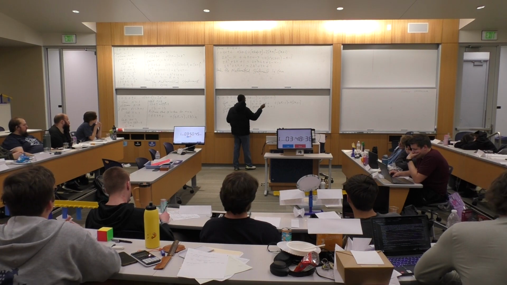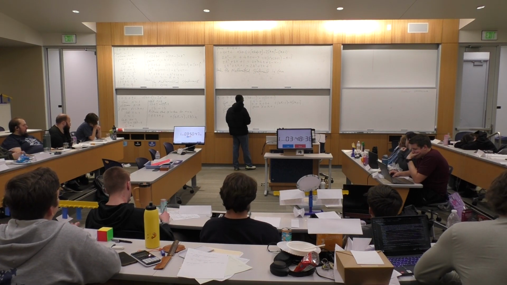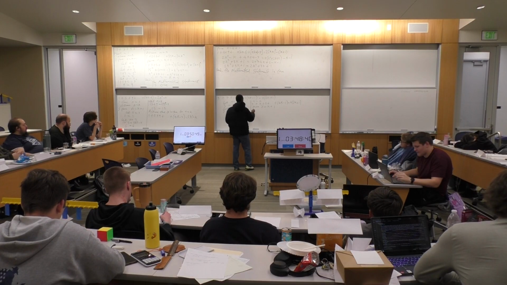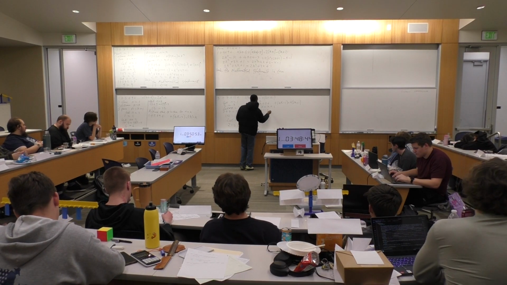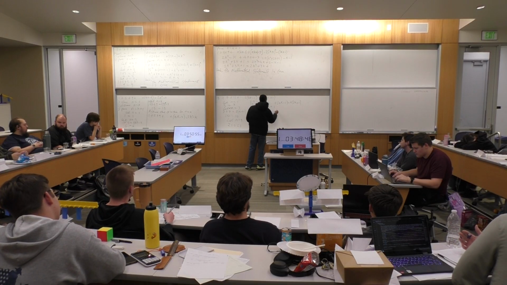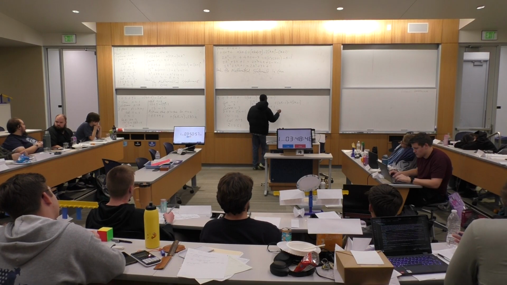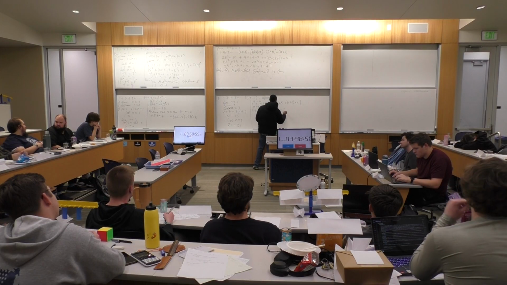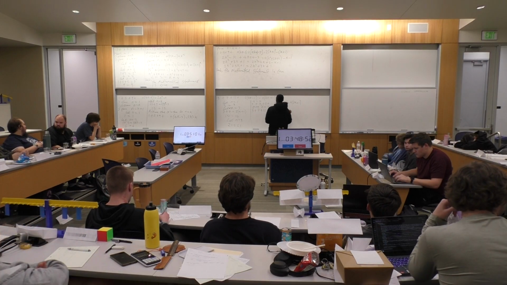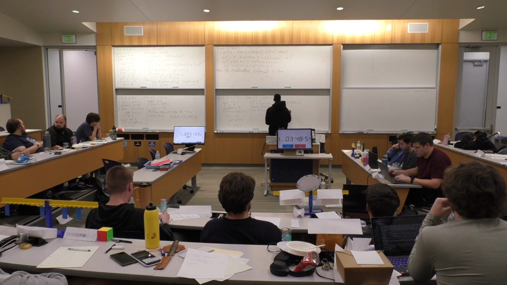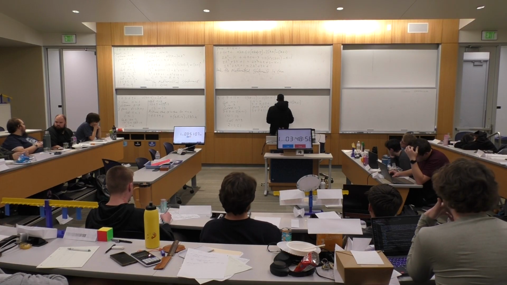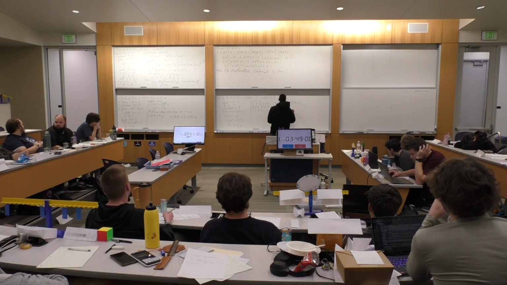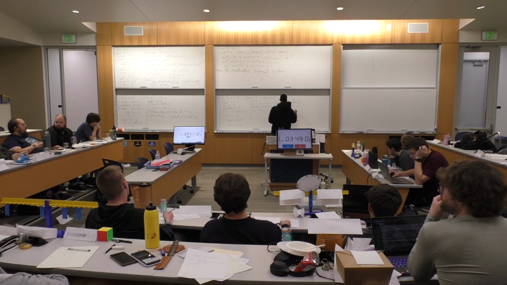From this, what do we do? 3 plus 7 plus 11 plus 4k minus 1 plus 4n plus 1.